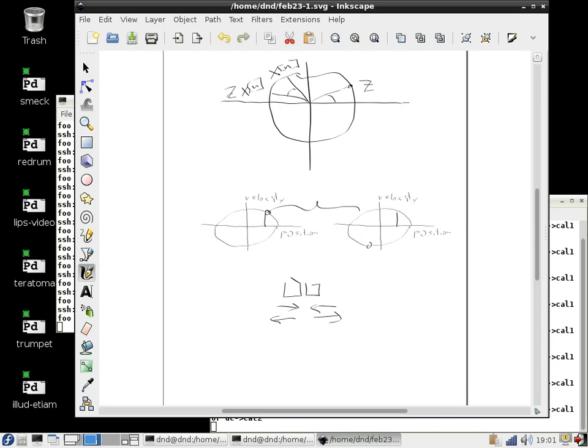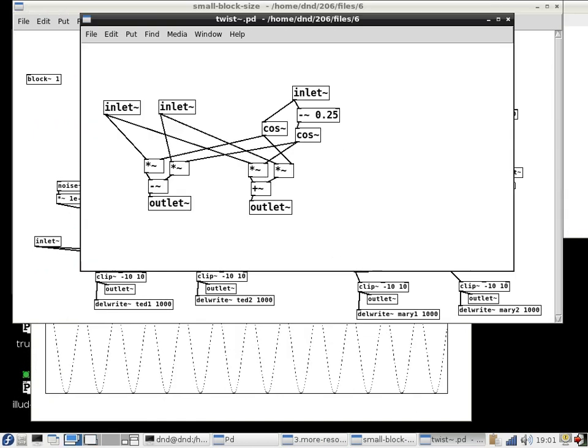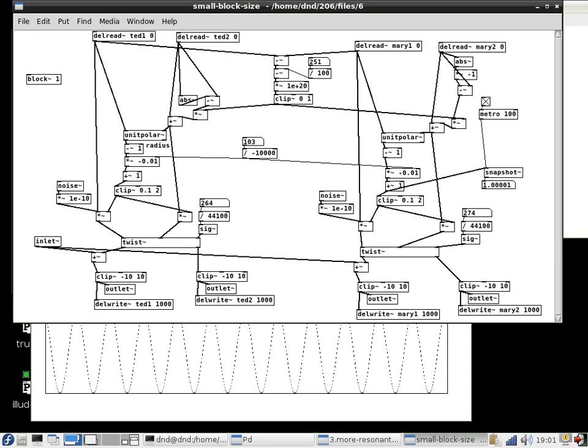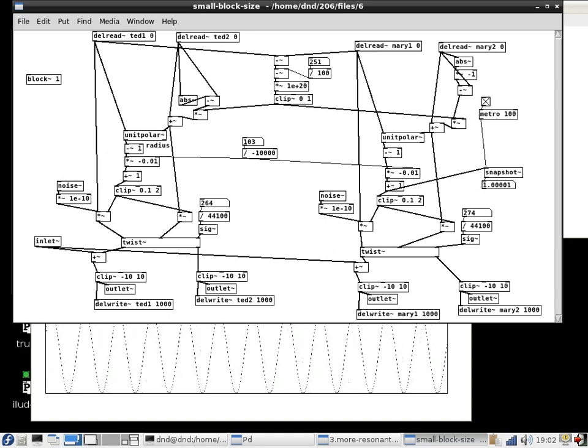This z is the sine and cosine of this frequency, which is being computed inside the twist object here. This is cosine and sine, and this is complex multiplying the cosine and sine of this thing by this state, which is a complex number. And that's happening in lockstep every sample.